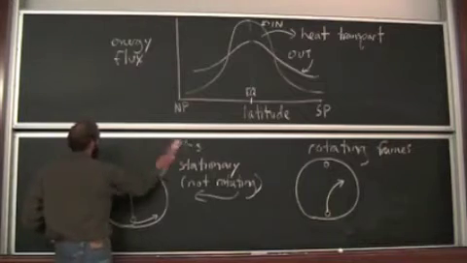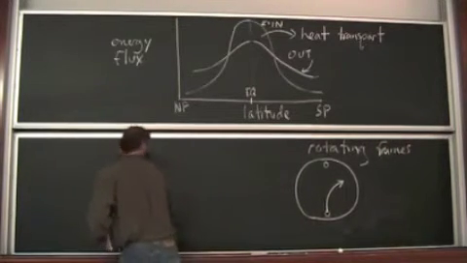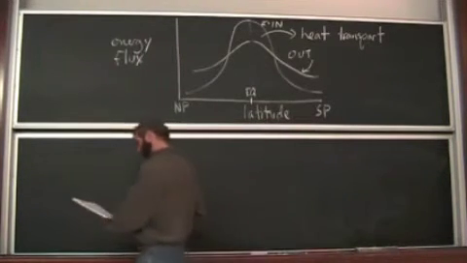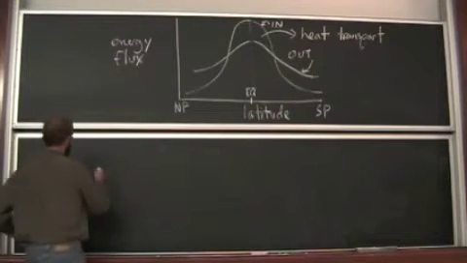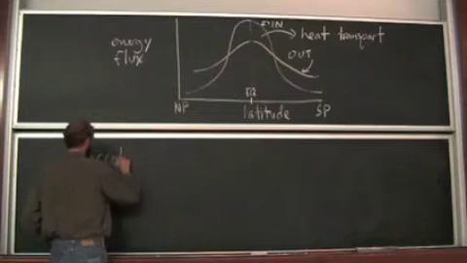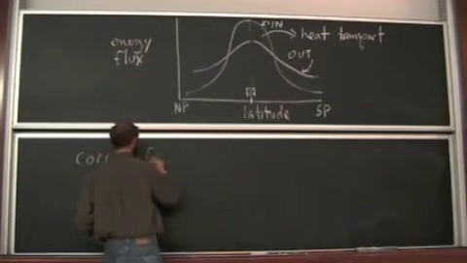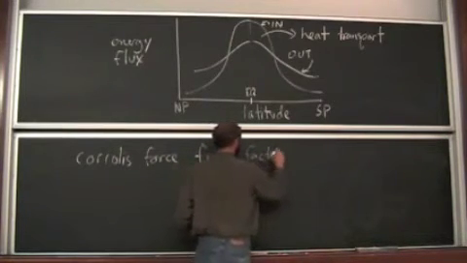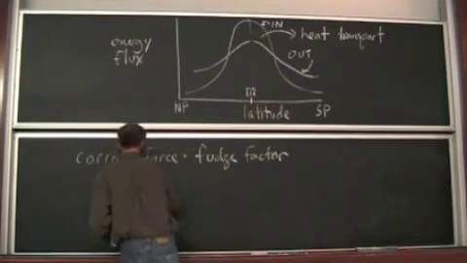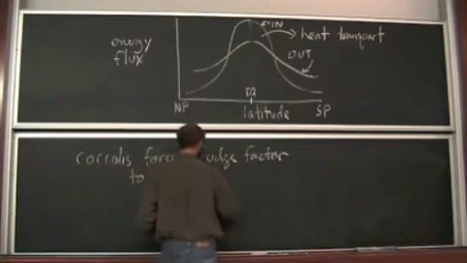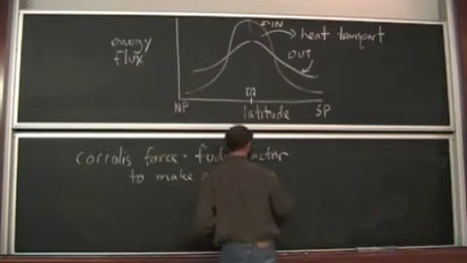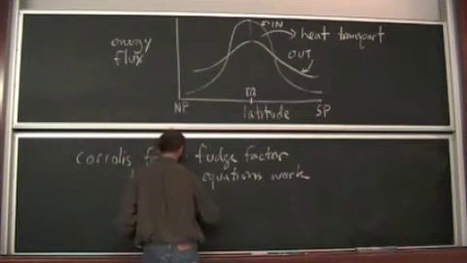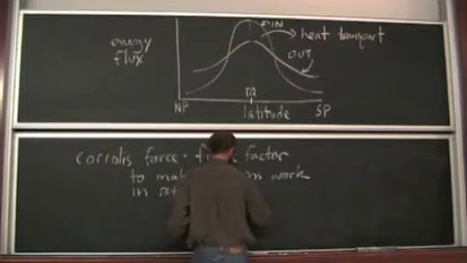So if we want to write an equation for the motion of that ball, we have to add this sort of fudge factor called the Coriolis force, to make the equations of motion work in a rotating frame of reference.